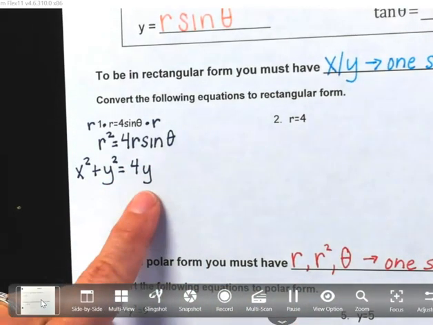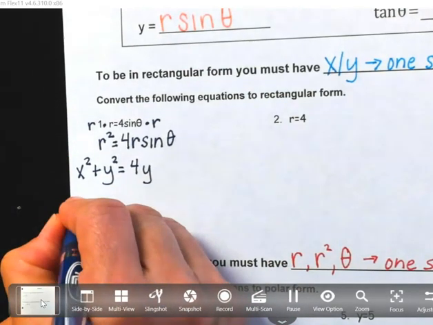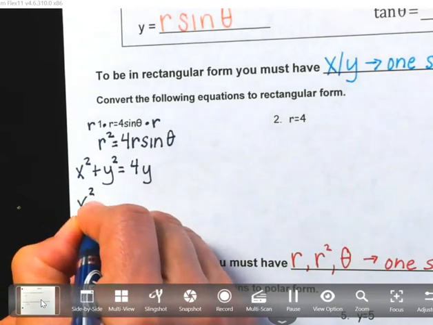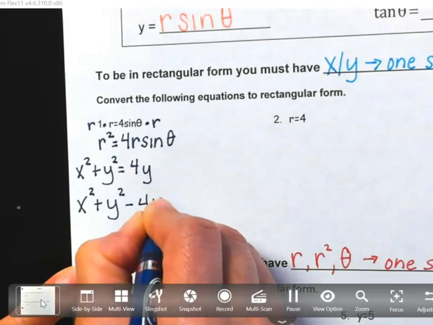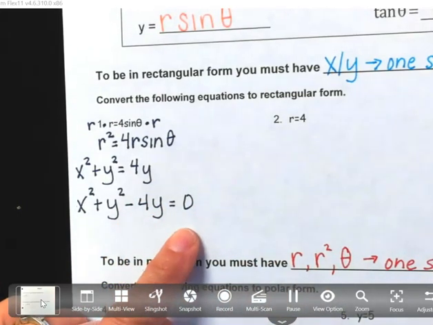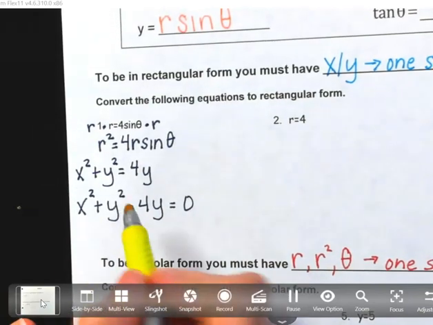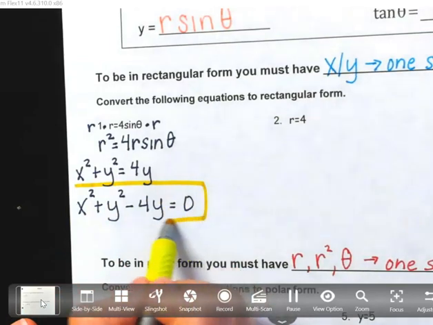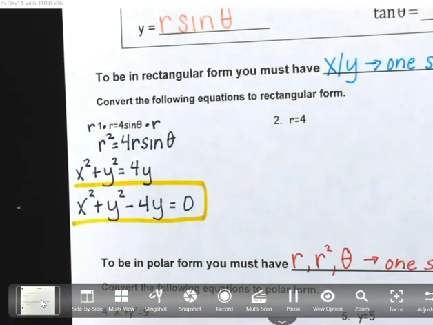We're going to move the 4y over because remember, all of your x's have to be on one side and all of your y's have to be on the same side. So this is going to equal 0. And that's okay. I mean, it could equal a number if we had a number. It doesn't have to equal 0 every time. You just have to make sure all your letters are on one side of the equal sign. That's all that means.